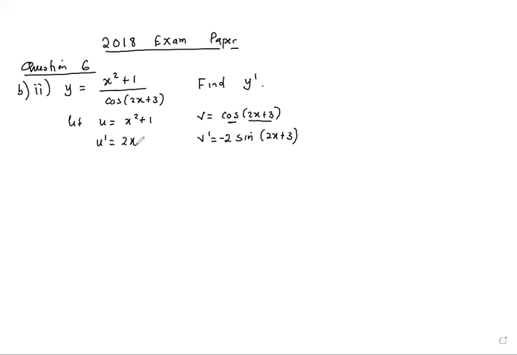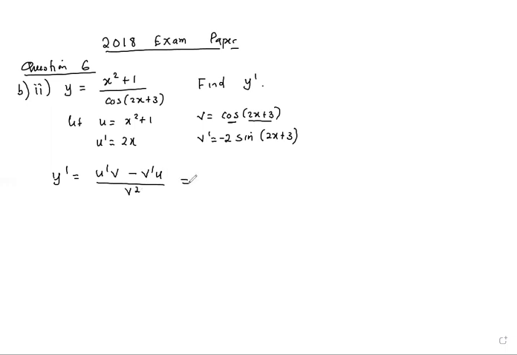To differentiate, after you have these derivatives, then y prime is going to be u prime v minus v prime u over v squared.